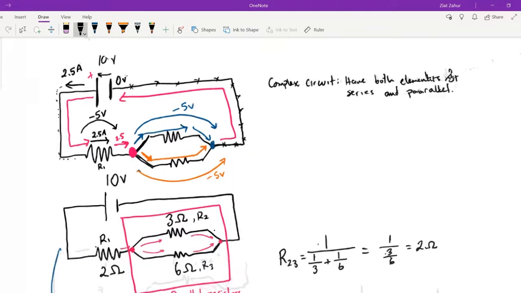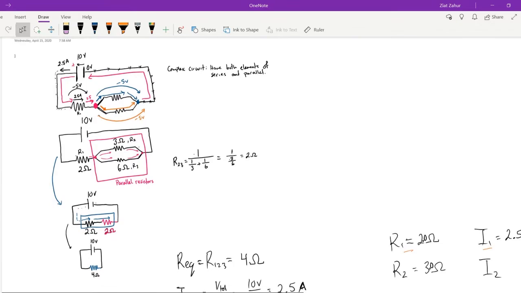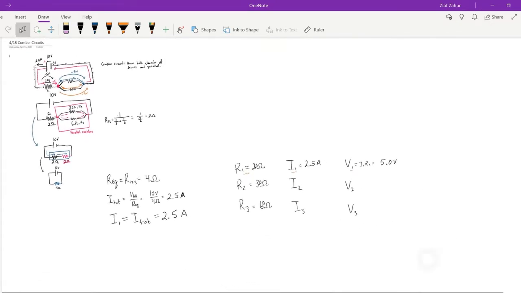All right, so that means that V2 is also equal to 5, and V3 is equal to 5.